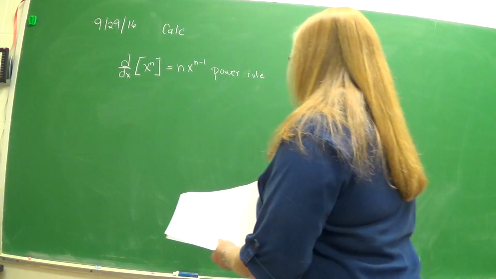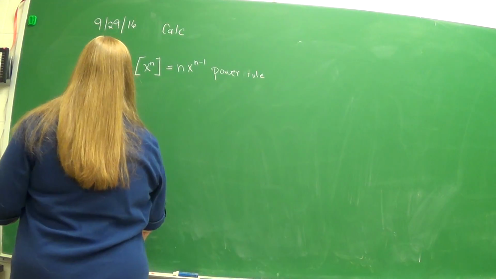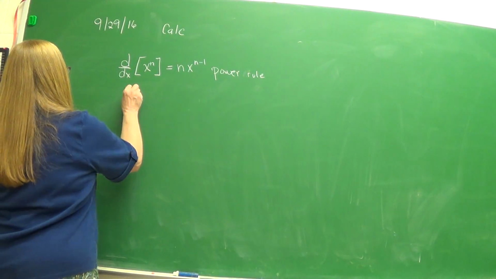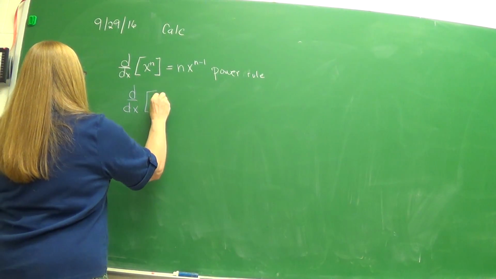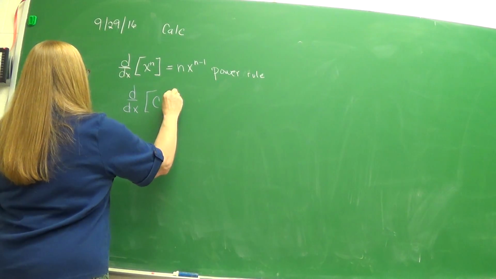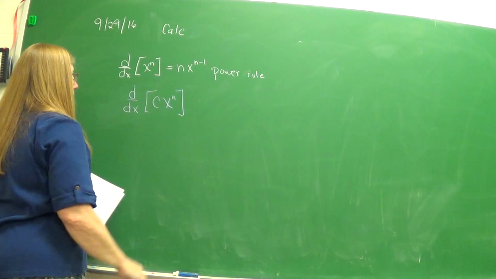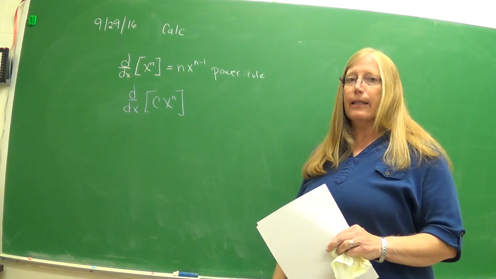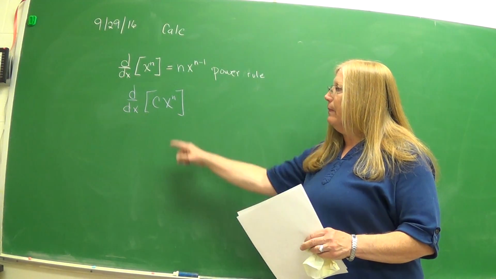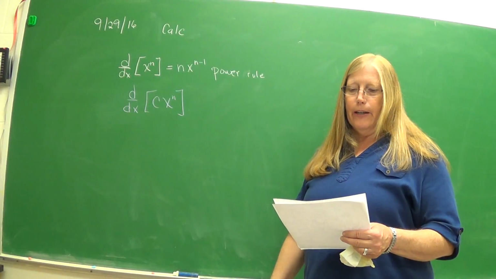All right, part two. We're expanding our knowledge of derivatives, and we're going to look at the derivative of not only x squared, but a constant in front of x to the n. We're going to put a constant in front of our expression with x. So x to the n now has a constant in front of it.